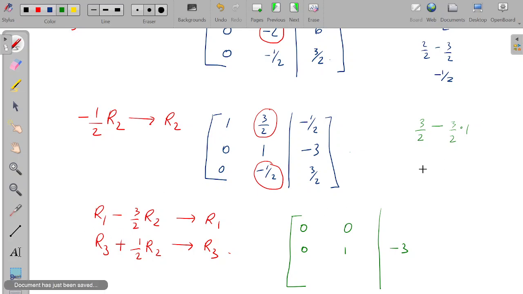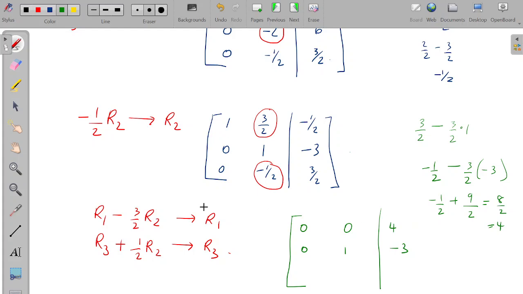Row 1: minus 1 over 2 minus 3 over 2 times minus 3 will give us minus 1 over 2 plus 9 over 2, and that gives us 8 over 2, which is equal to 4. So this is 4.